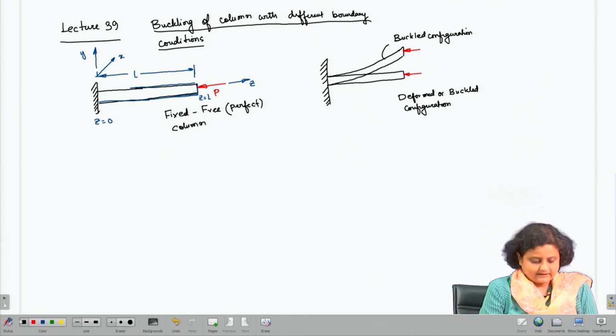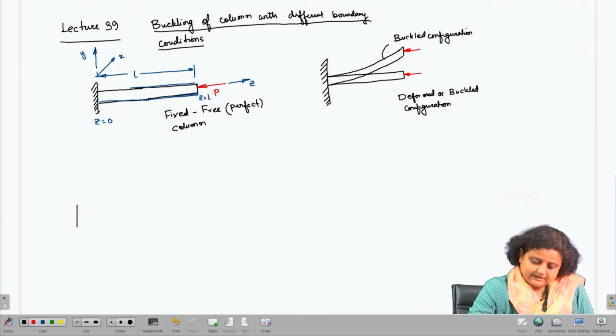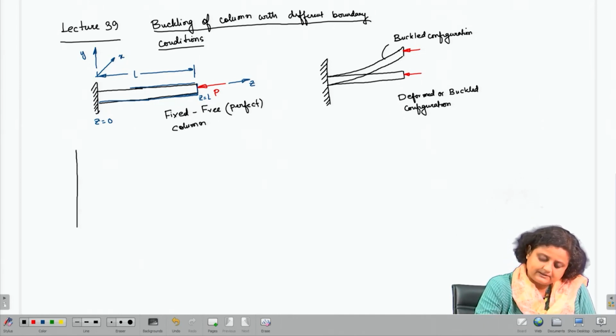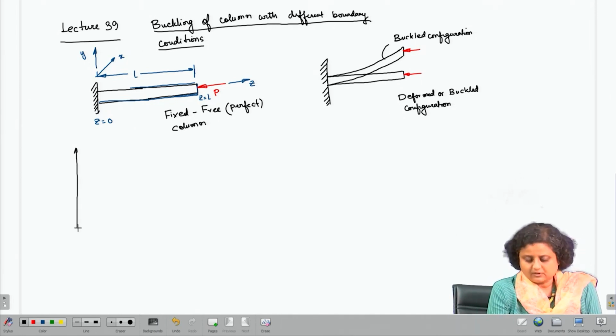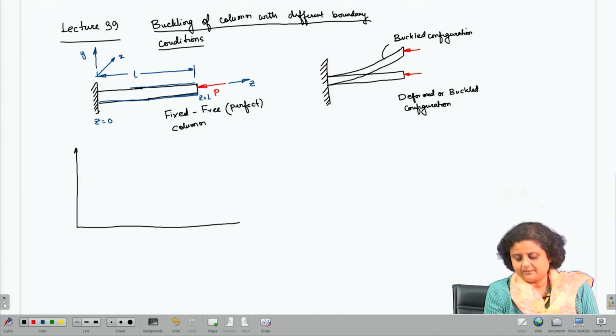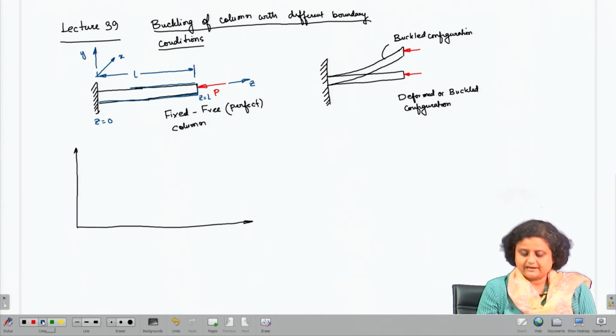So, for that let me take a small elemental portion of the buckled column, and let me try to draw the free body diagram of it.